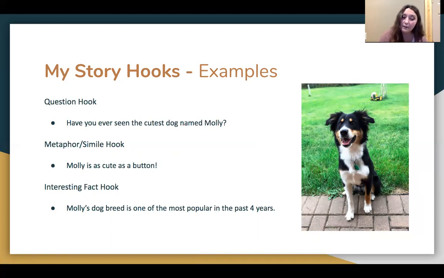For an interesting fact hook, I could say, Molly's dog breed is one of the most popular in the past 4 years. All three of those get me a little curious, like, have I seen a dog as cute as Molly? I think my dog's pretty cute. Molly is as cute as a button. I want to know more about her. And what breed is Molly? I bet you guys came up with a lot of great examples, but those were three that I had thought of.